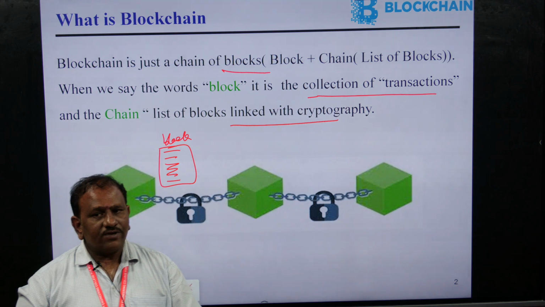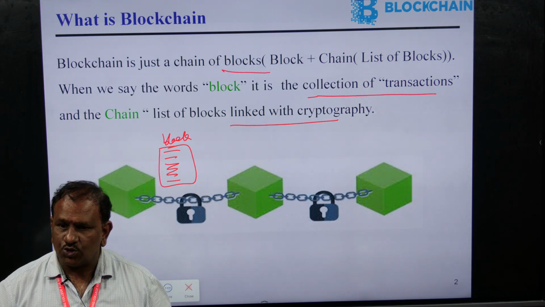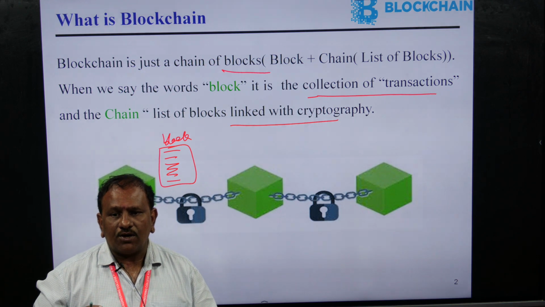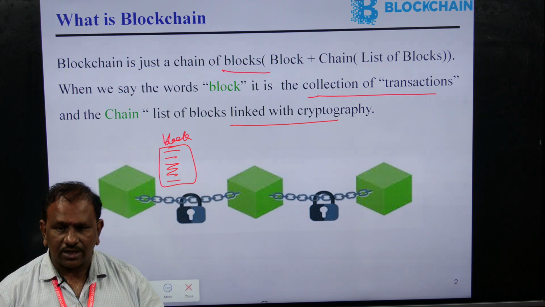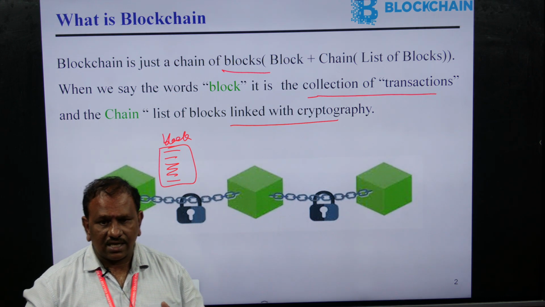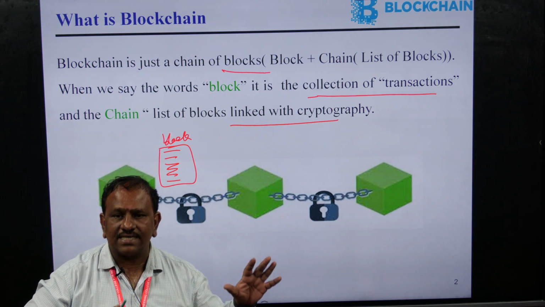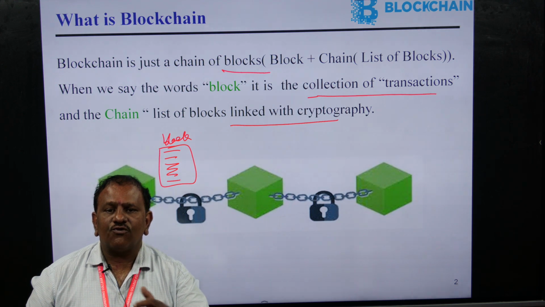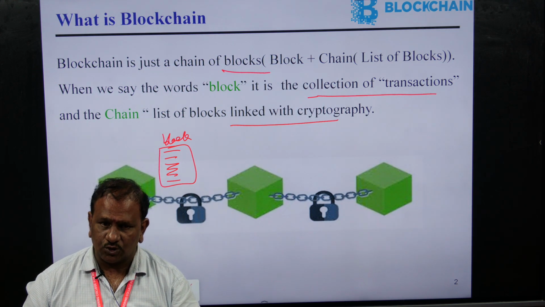How many transactions we can store generally depends upon the type of blockchain we are using. I am not talking about the size of the block as of now, but about the number of transactions for ease of use.